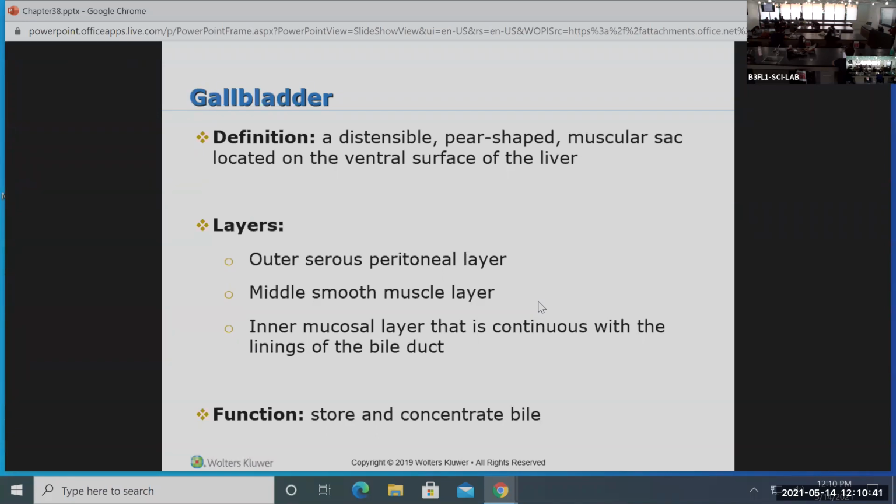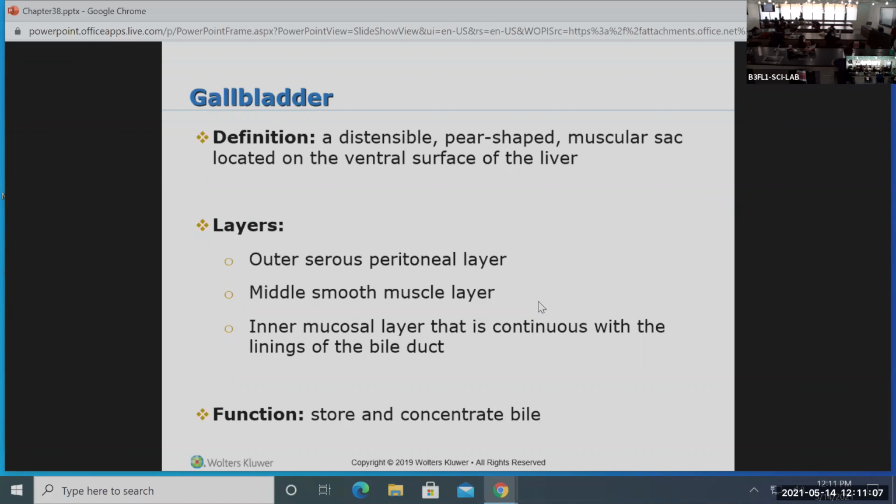The layers: we have mainly 3 layers. Outer serous, which is my peritoneal layer, followed by the smooth muscle layer, followed by the innermost mucosal layer.